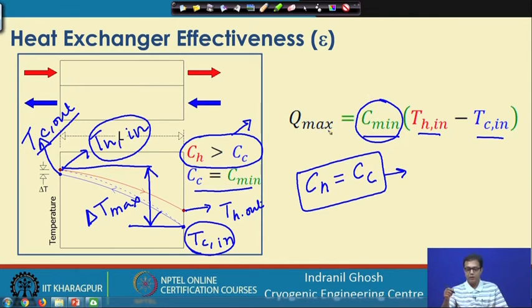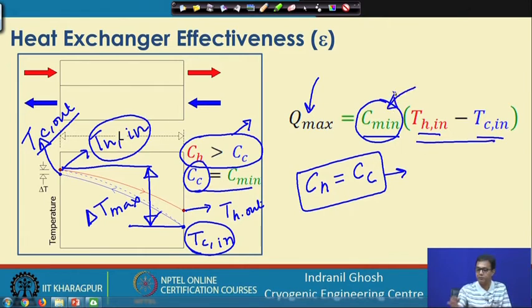It may occur to our mind that Q max should be with C max. But which is the minimum capacity fluid? The minimum capacity fluid is the cold fluid, which is experiencing the maximum difference in temperature.